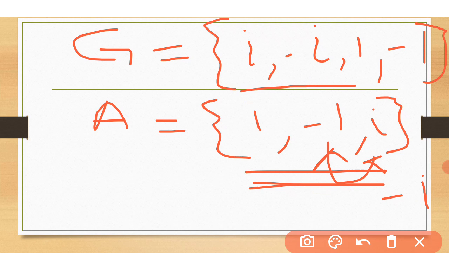So complexes of G we can find in a similar way as we find the subsets of a set. For example, 1 is a subset of G, meaning a complex of G, and iota is also a complex.